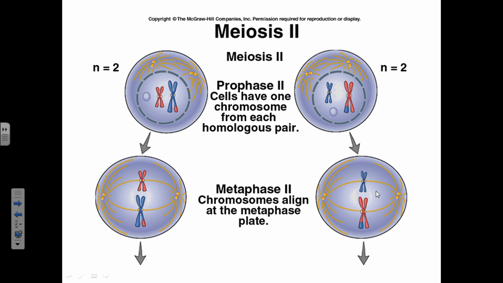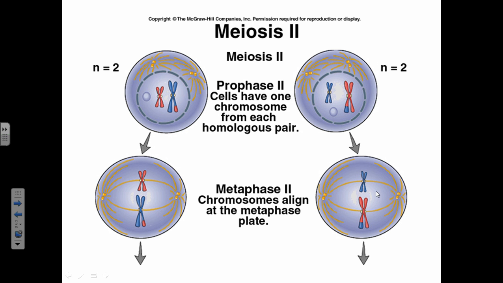Now here's the deal with part 2. Meiosis 2 is pretty much just like mitosis. Nothing weird happens. We have two cells, the two cells we made in meiosis 1. Prophase 2, the normal prophase stuff happens. What happens to the nuclear envelope in prophase? It goes away.